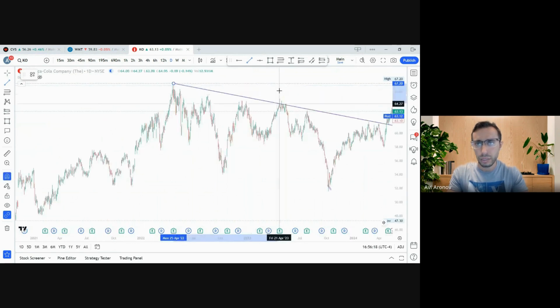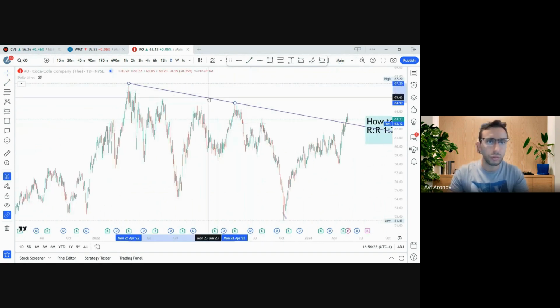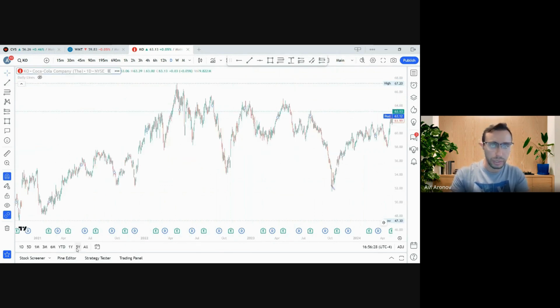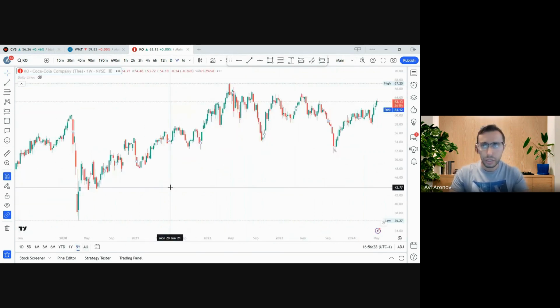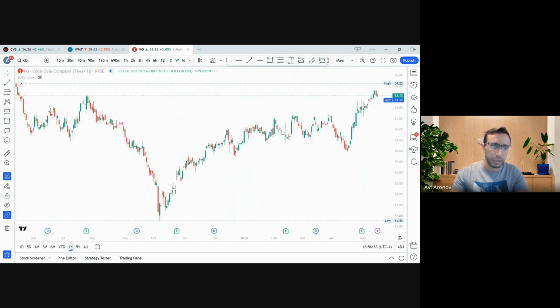So let's say an example here. We're just going here. Okay, you will see this one is no good, so we delete that, no problem. Then what we want to do, you can go here, click 5 years. When you click on 5 years, the chart right away will go weekly. When you click yearly, it will go 1 day.